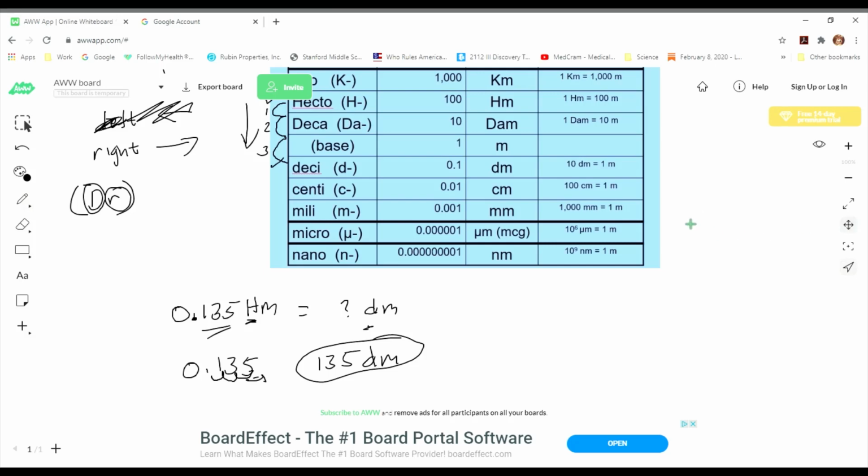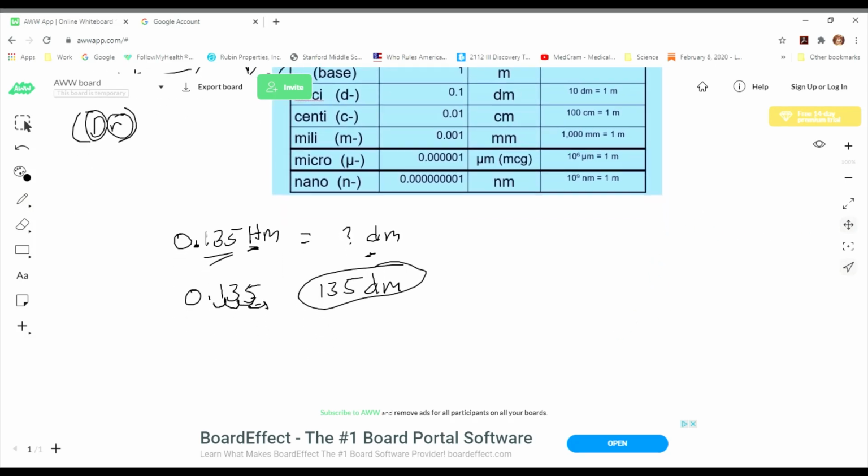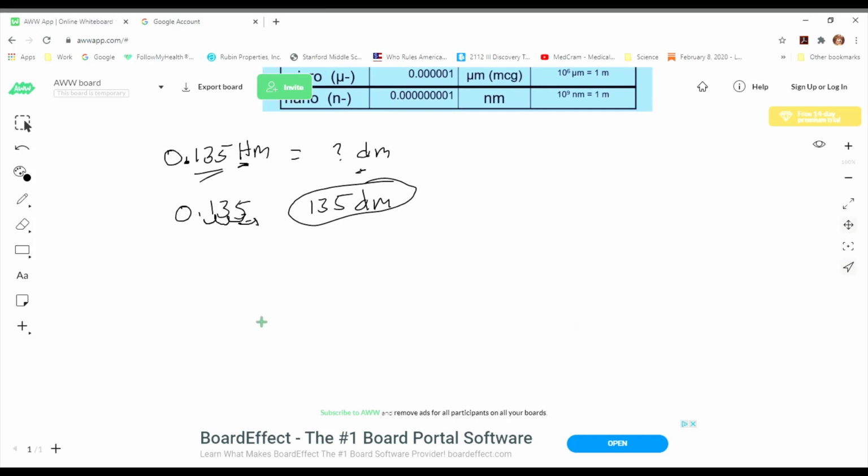Let's do another one. Let's do one where we go in the opposite direction. Let's go ahead and do this one. We're starting off with 42,300 micrograms, or this Greek letter mu and grams.